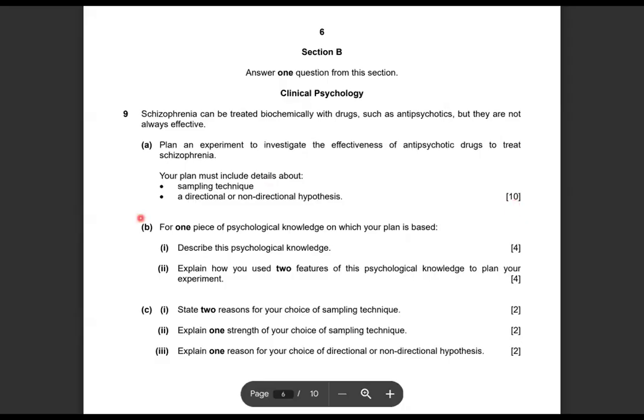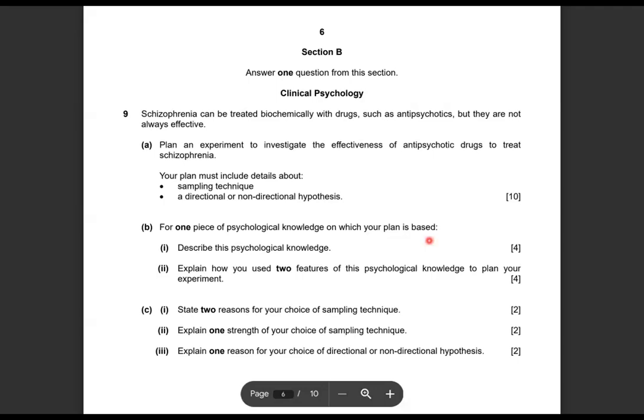Now, part B is asking for one piece of psychological knowledge on which your plan is based. This means that any design study that they're going to give you, any plan a study, plan an experiment question that they may give you in section B for paper 4 will always be based on a topic from your syllabus. And that topic is the psychological knowledge. So the psychological knowledge that our study is based on is which topic?